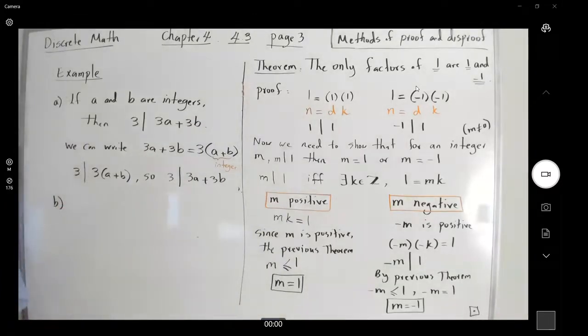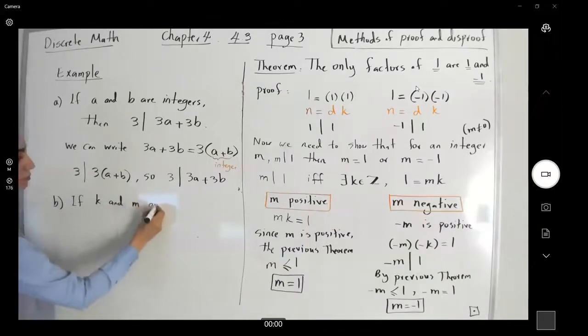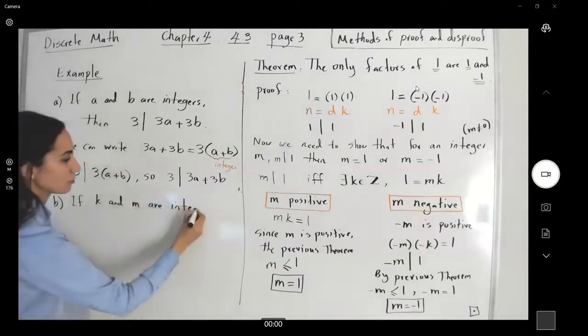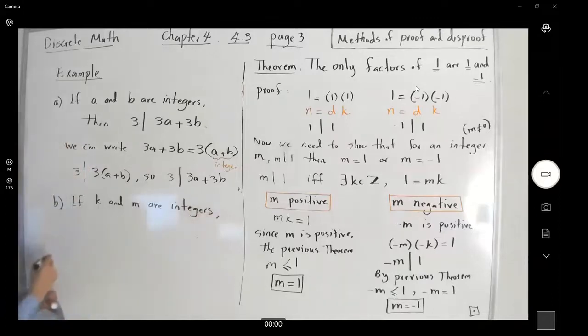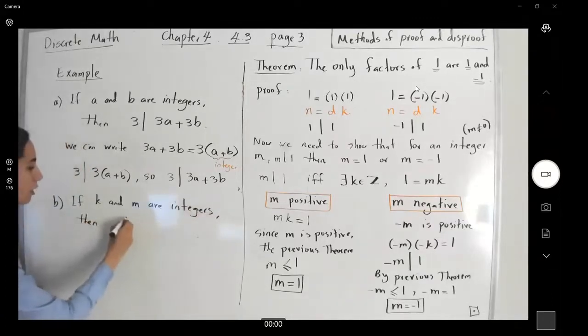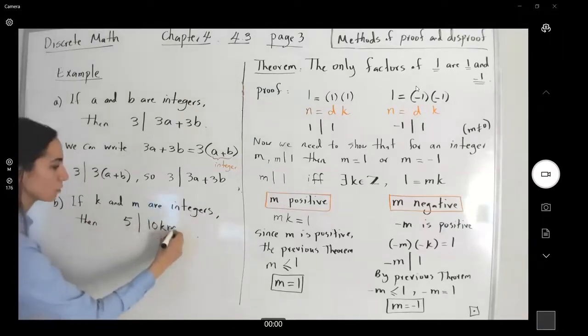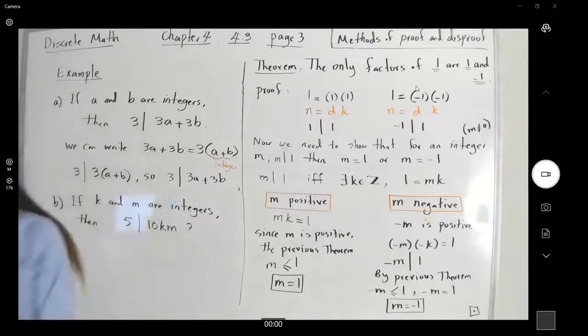How about this example? If K and M are integers, then can we conclude that 5 divides 10KM? Let's run this.